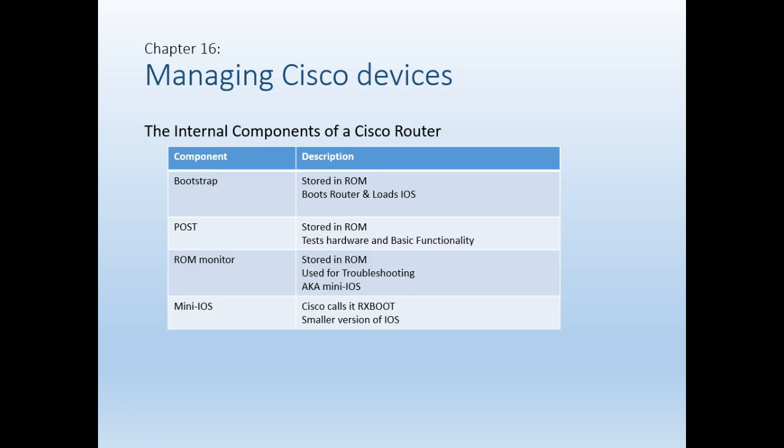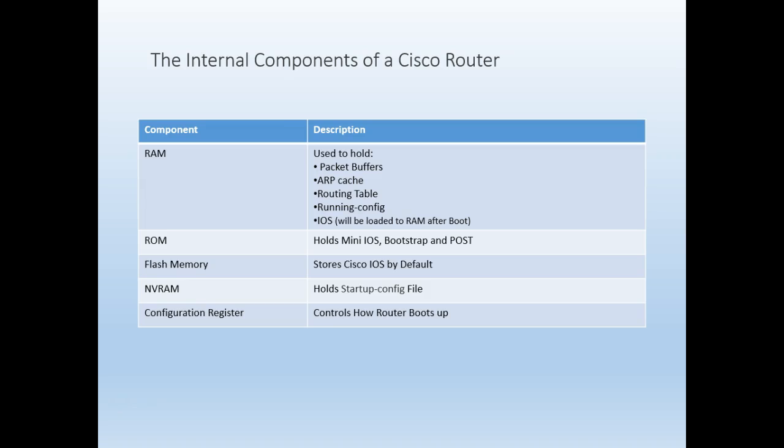And then the mini IOS, a smaller version of the IOS, Cisco calls it RXBOOT. So we have these things there. A lot of it is in ROM, the read-only memory. Then we have RAM, the random access memory, and RAM is a volatile memory.